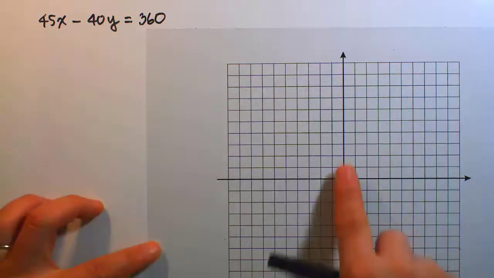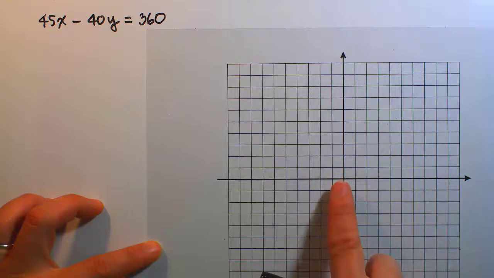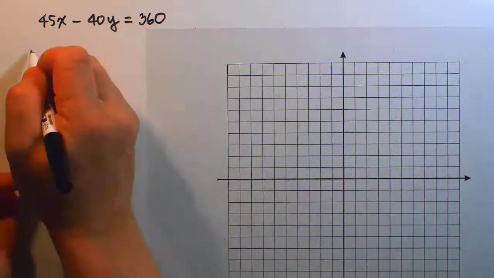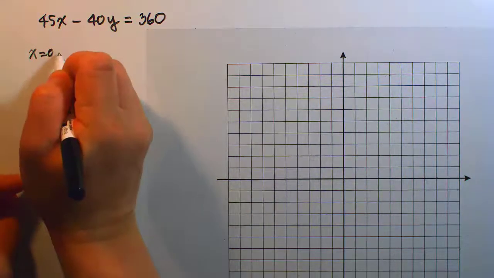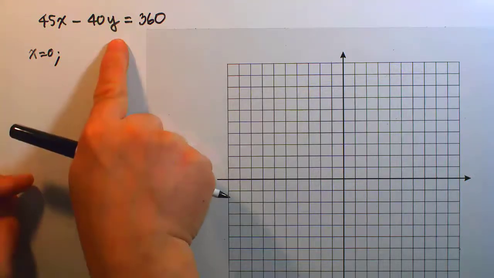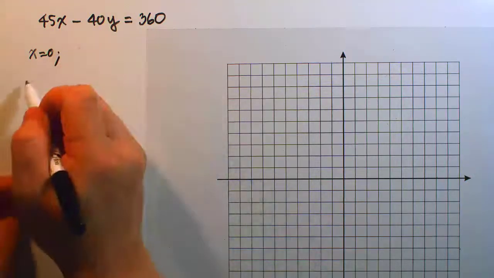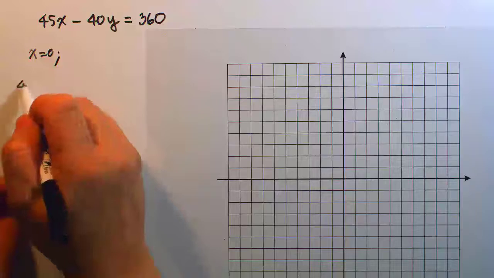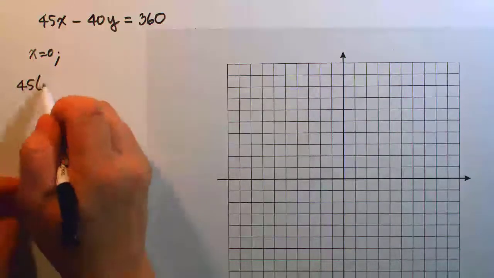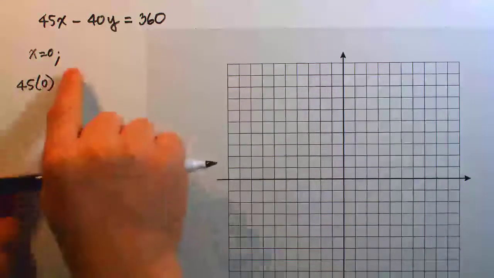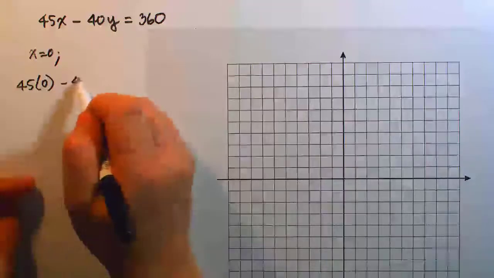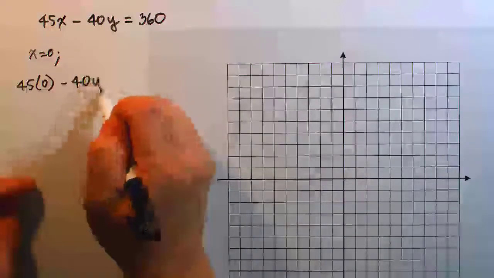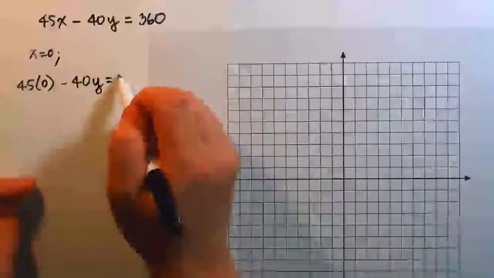The y-intercept is on the y-axis, meaning x value equals 0. So when x value purposely equals 0, then your y value can be found by solving this equation, 45 times 0, because x equals 0, minus 40 times y equals 360.